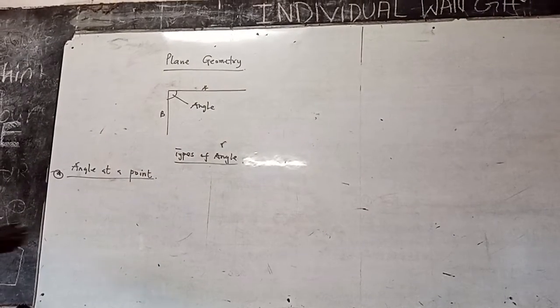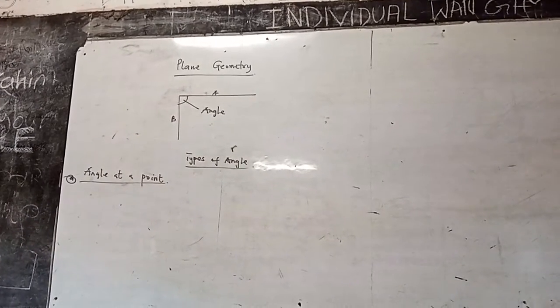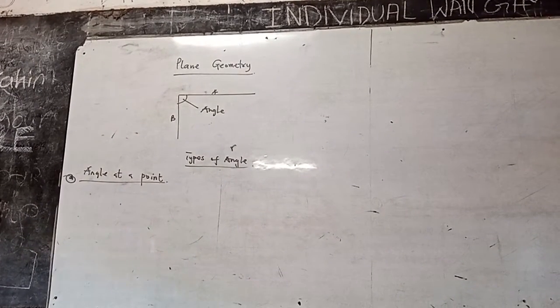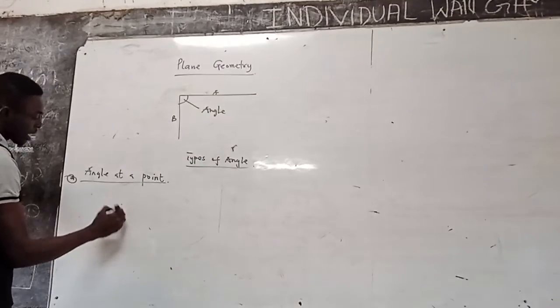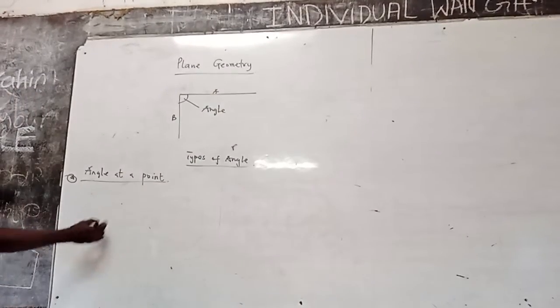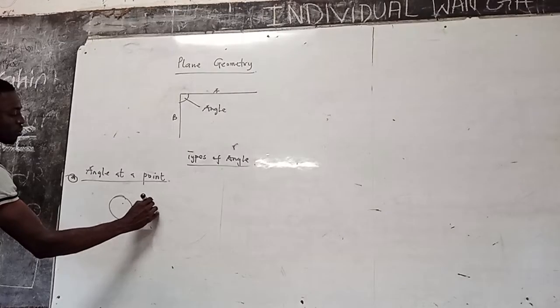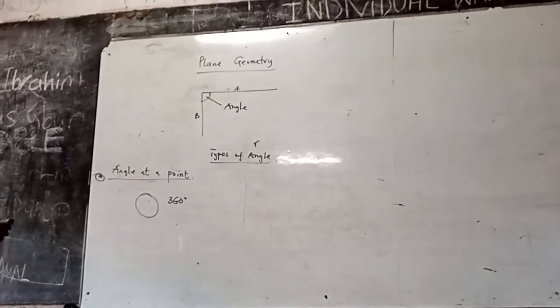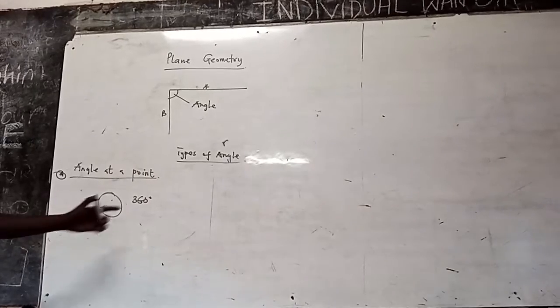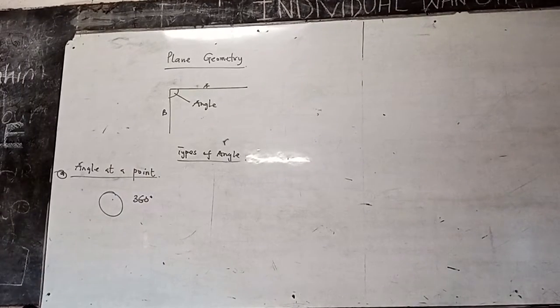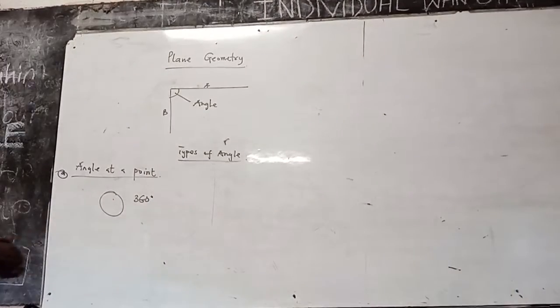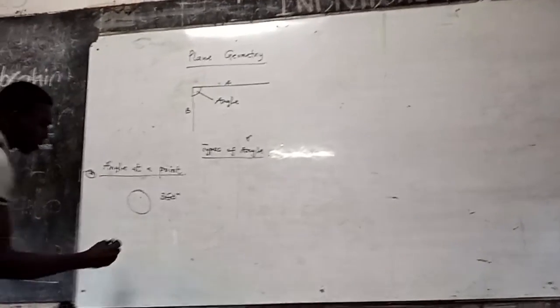If you have this point here, the point is just like a circle. It is forming a circle. So angles at a point sum up to 360. Let's keep this in mind. We are going to try some questions. Angles at a point sum up to 360.